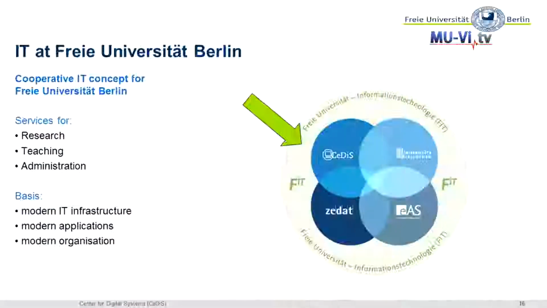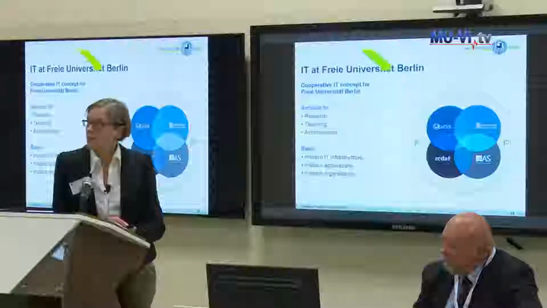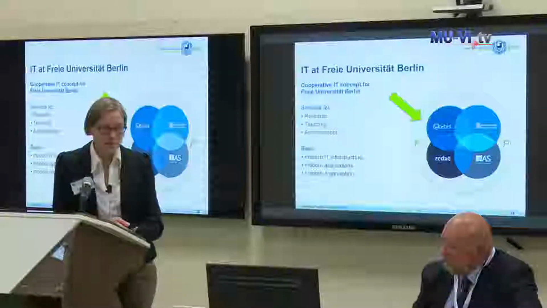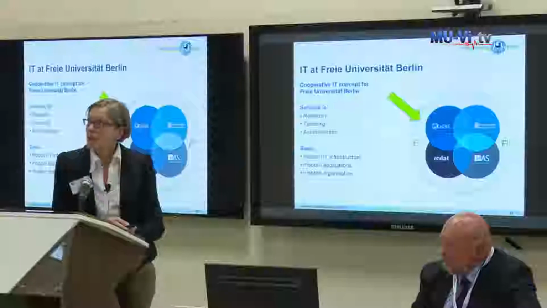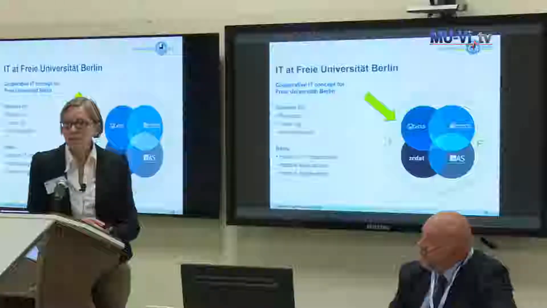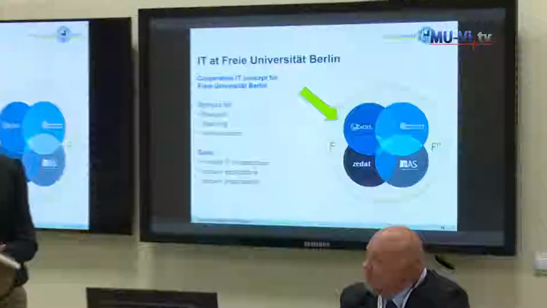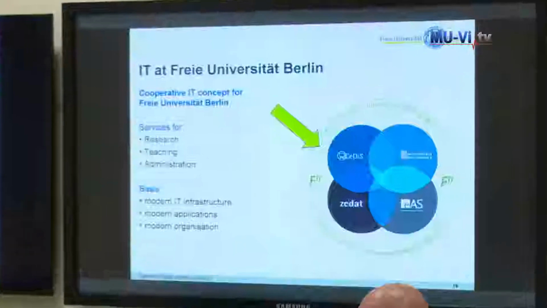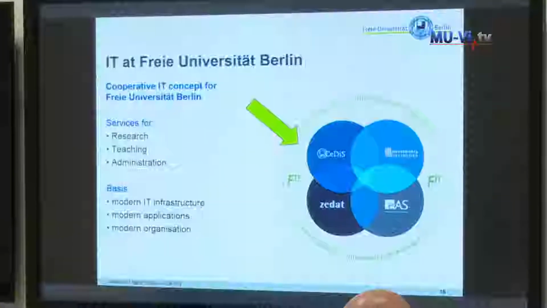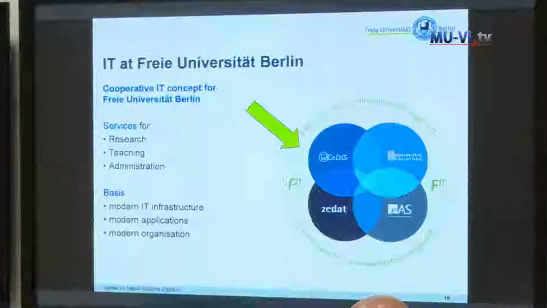Then we have a department which is mainly focusing on SAP, which has to do with human resources, making sure that everybody is getting the right money at the right time and stuff like that. And then that's us, the Center for Digital Systems, and we're offering services for the whole university in e-research, e-learning, and for the administration.